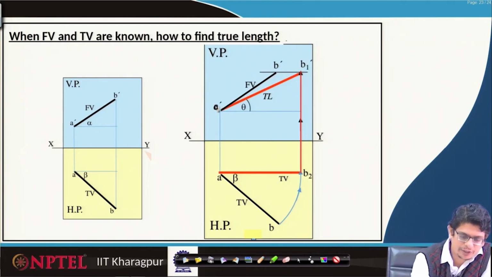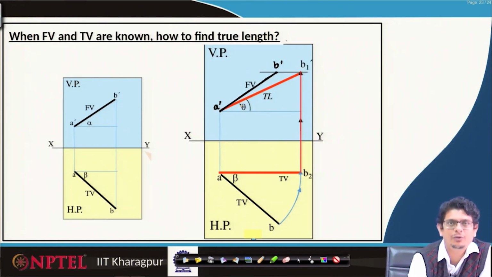Let us assume we already know A prime, B prime, because if we want to construct A prime, B prime, we need to know how far this A prime is located, then what is the angle it is making. In the last class what we have learned, angle made by that, we go ahead, cut it there, make B prime.